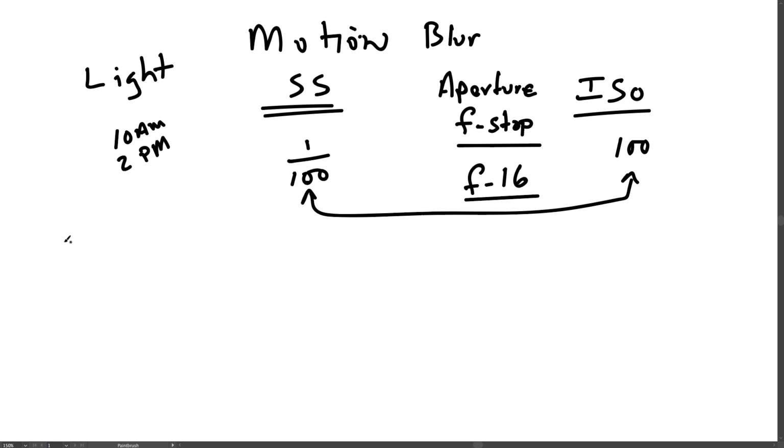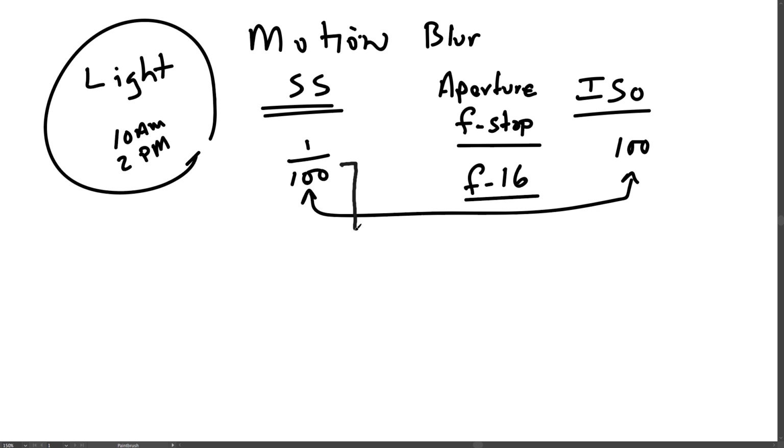And if we take a photograph of our subject during the daylight hours between 10 and 2, it will be properly exposed. But now, if we want to see motion blur, if we want to see a blurry race car on a racetrack, then we need to decrease the shutter speed.